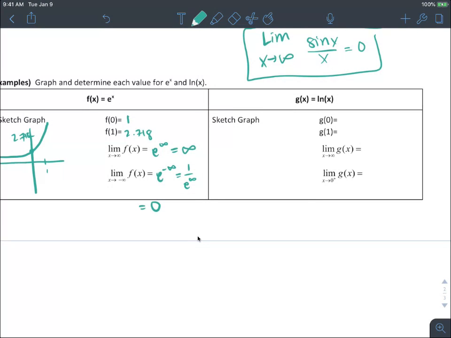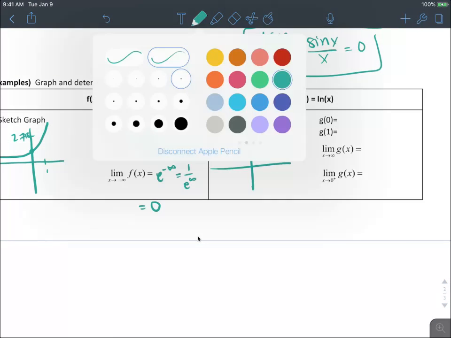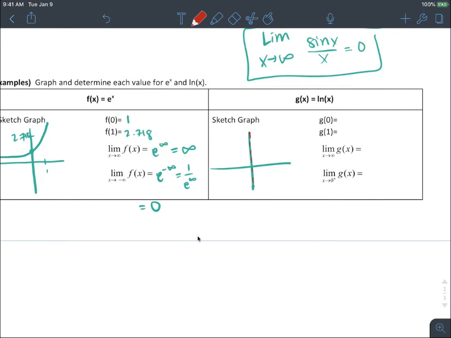Okay, ln of x. I know it has an asymptote at 0, and the graph goes something like that. At g of 0, the graph is undefined, because ln of 0 is the asymptote.